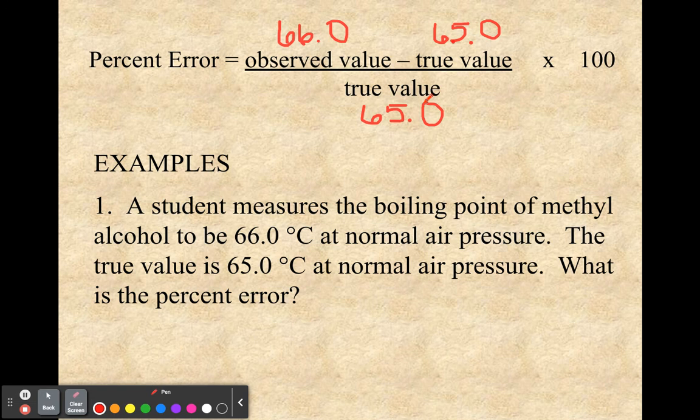Okay. Questions about figuring out percent error? So ways of expressing uncertainty. First one is significant digits or significant figures, or sig figs, because you can only be as certain as your sig figs allow you to be.